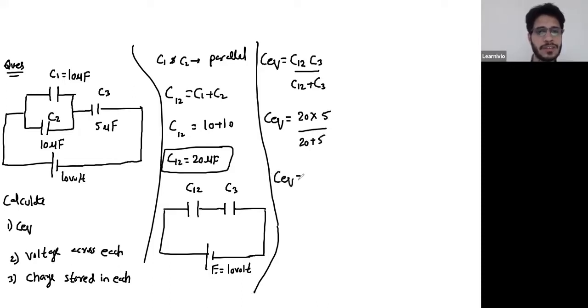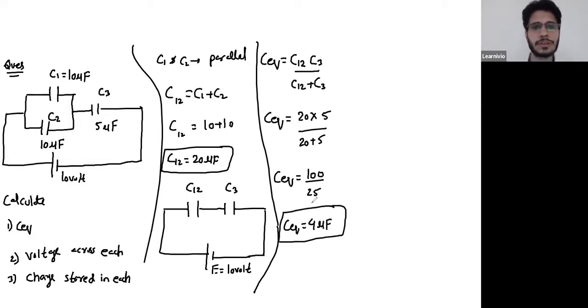So here it is 100 divided by 25. So your C equivalent comes out to be 4 microfarad. This is the value of C equivalent here.